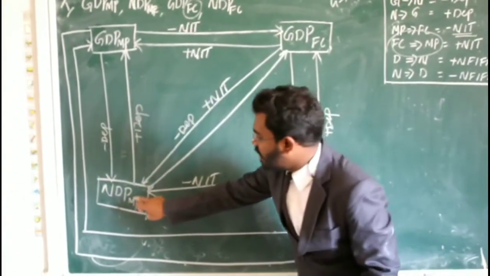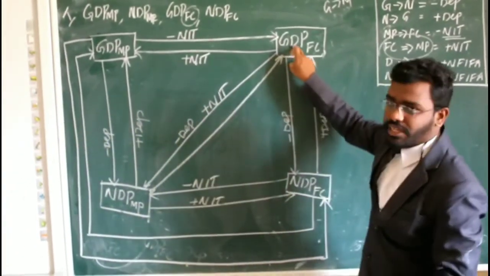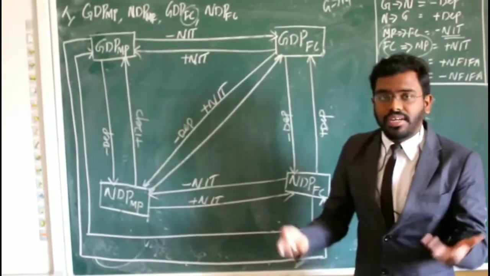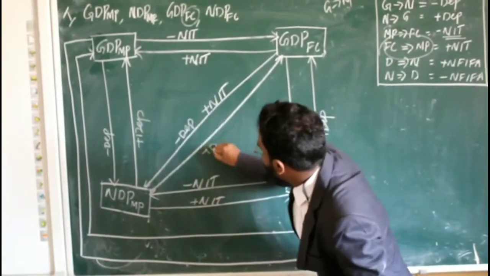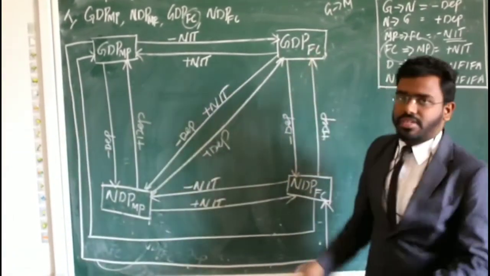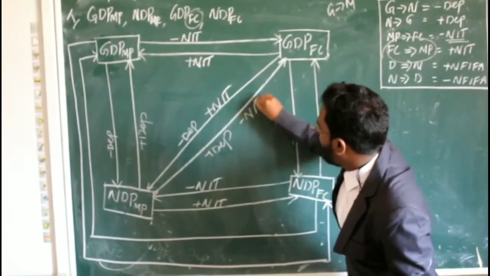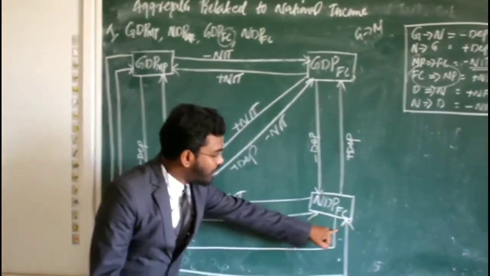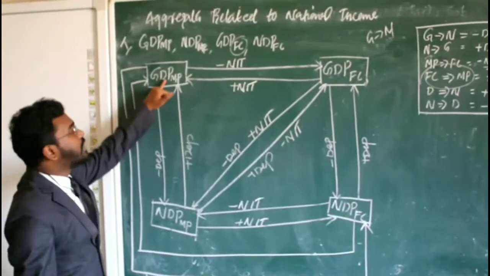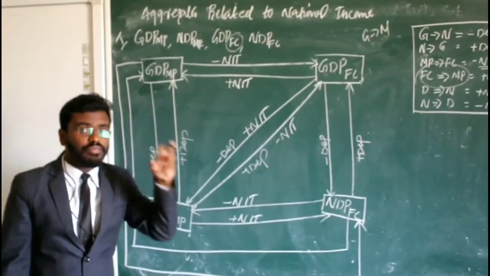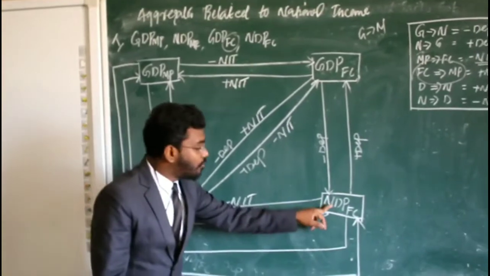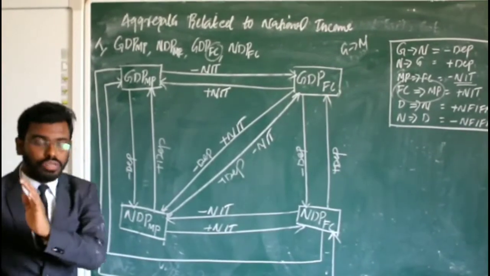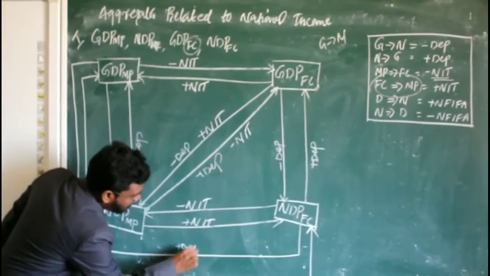Next one, that is conversion of NDP-MP into GDP-FC, just the opposite. Firstly we change N into G. How? Net into gross, plus depreciation, then MP into FC, minus NIT. Next one, that is conversion of NDP-FC into GDP-MP. Firstly we convert N into G, net into gross, that is plus depreciation.